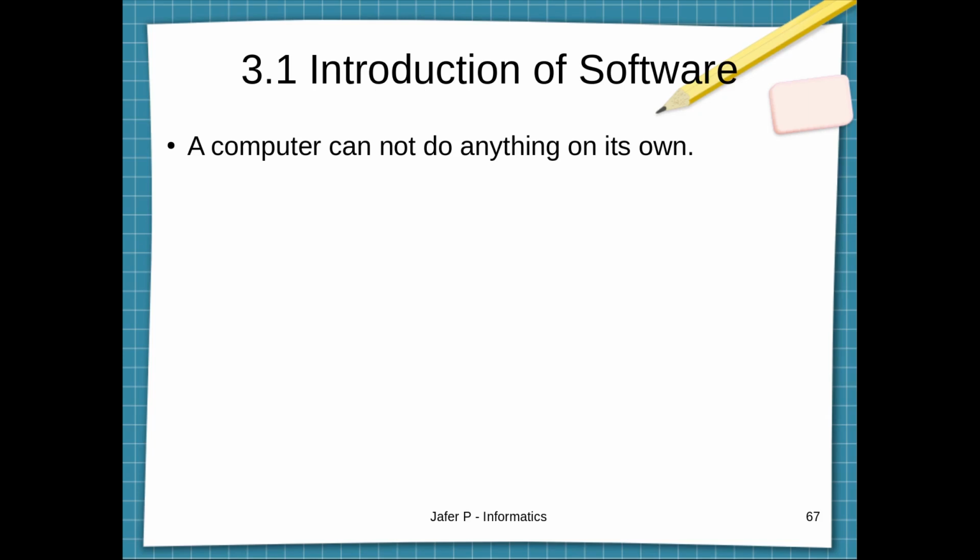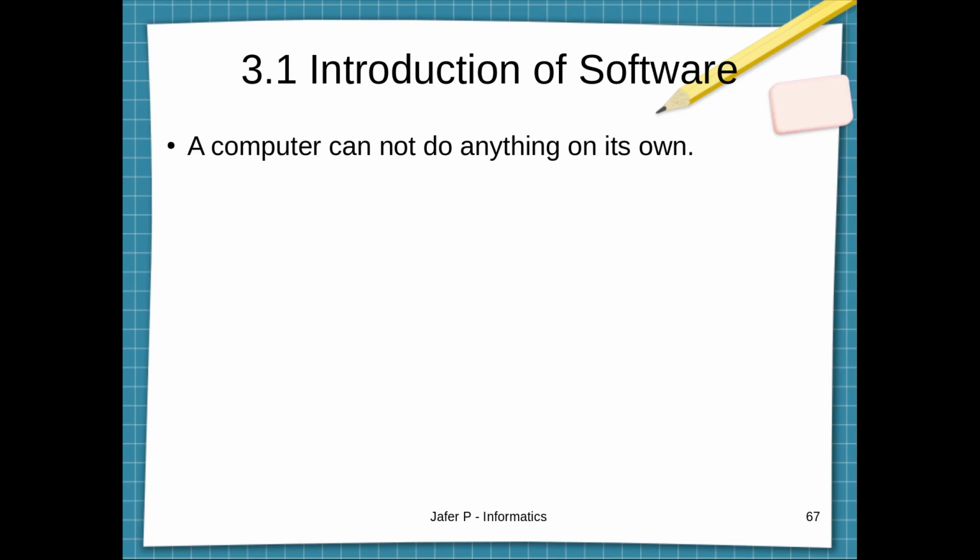So what is a software? A computer cannot do anything on its own. We know that. If you have a computer without any electricity or without any inputs, that computer will be a waste of space, right?